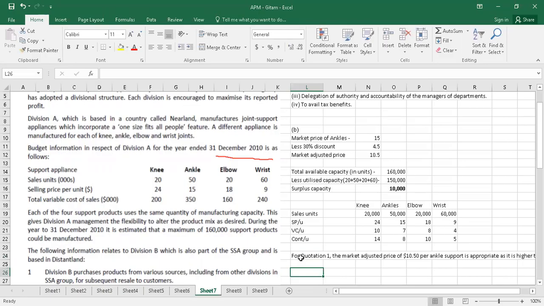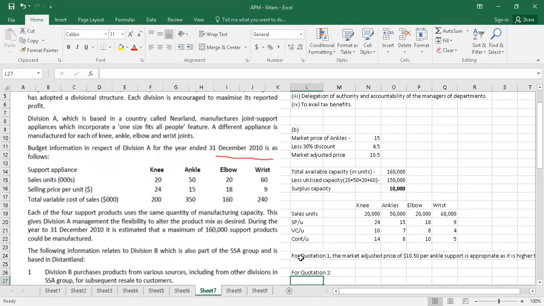But now if we have to talk about quotation 2, is it appropriate? That we have to figure out. A lot of decisions are involved here.